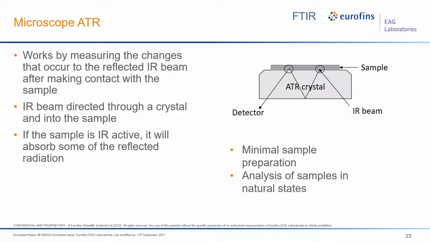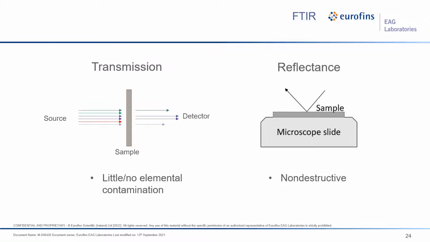Like I said, a minimum amount of sample prep is required, and you analyze a sample in its natural state. And of course, the transmission and reflectance modes have their benefits as well. I'm not going to go into too much detail on this part. Later on, we'll have a webinar about FTIR and Raman. You're more than welcome to join. We'll go into more details on those techniques and different sample prep and sampling modes.